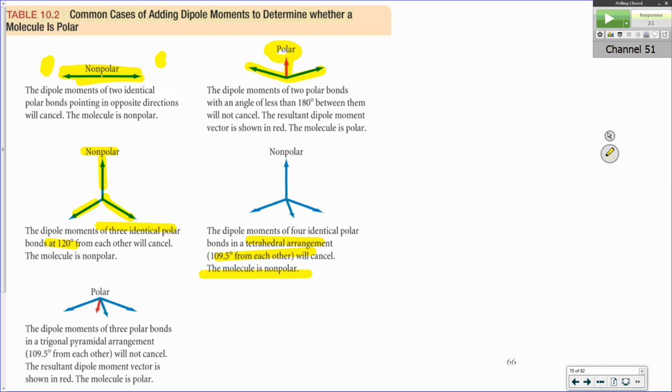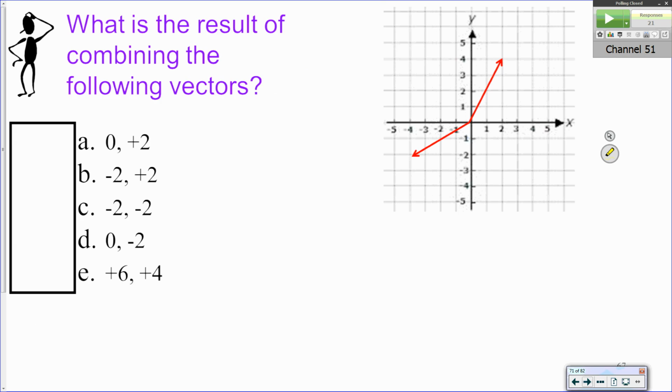However, if it's trigonal pyramidal, what happens is that if you've got a central atom up here and you have electron density pulling towards the exterior atoms, like nitrogen trichloride, even though there's a lone pair of electrons up here, the electron density is pulling in this direction away from the central atom. There's a lack of symmetry in that one.